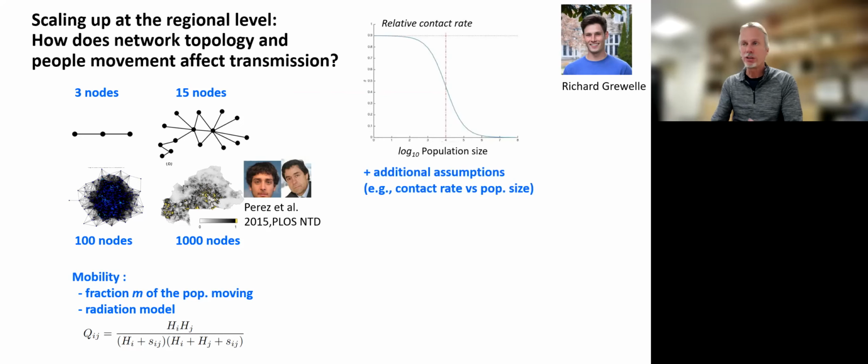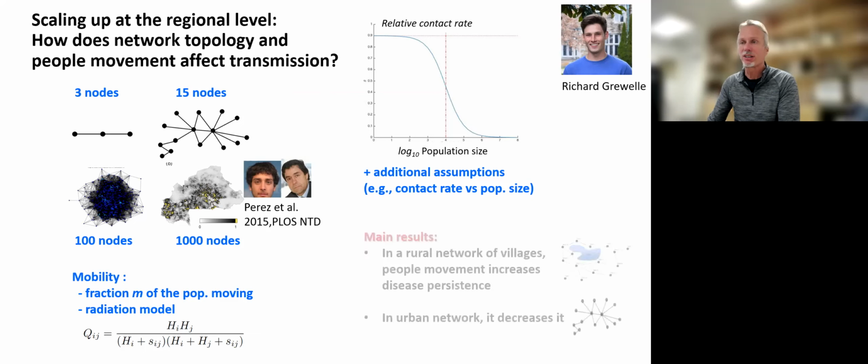We also use additional hypotheses on how the population size in a given village or town is a proxy indicator of the type of association with water, for instance, how much time people spend in natural habitat where we can find the Bulinus snails or the Biomphalaria snails that are responsible for transmission of Schistosoma haematobium and mansoni, respectively. And so we can scale the transmission rate as a function of the population size of the village.